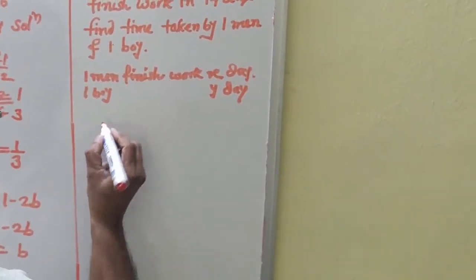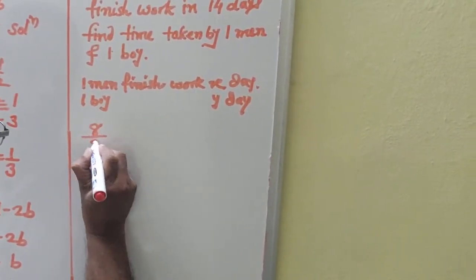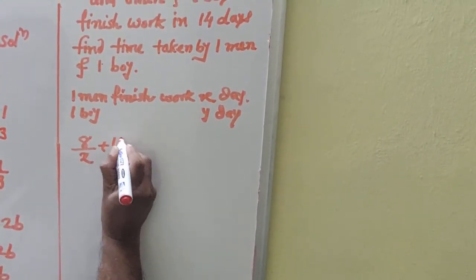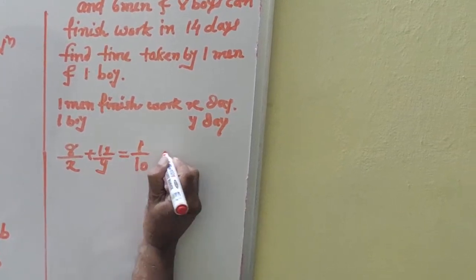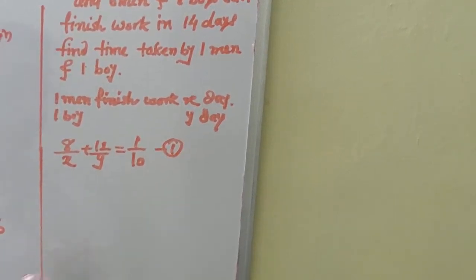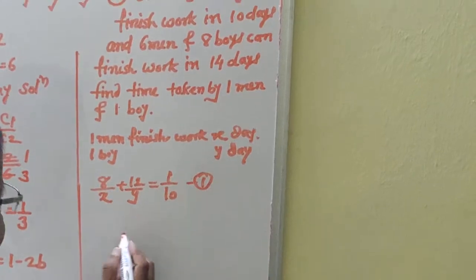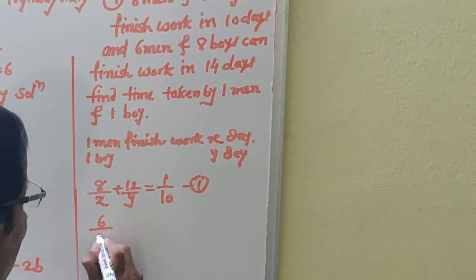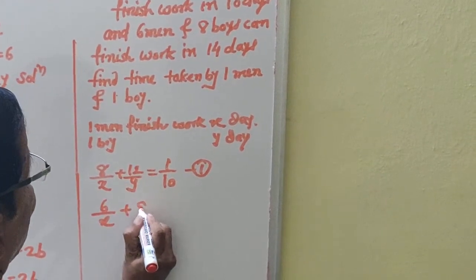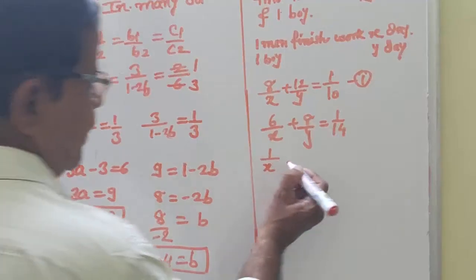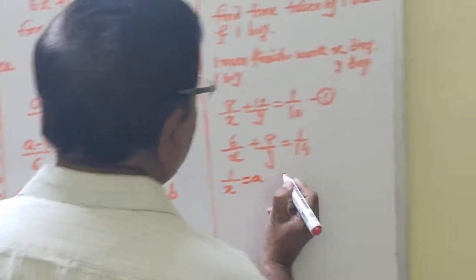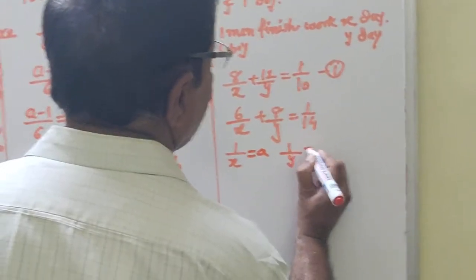So in one day, 8 men and 12 boys can do 8 upon x plus 12 upon y is equal to 1 by 10. This is my first condition. Now the second condition: 6 men and 8 boys, 6 upon x plus 8 upon y is equal to 1 by 14.